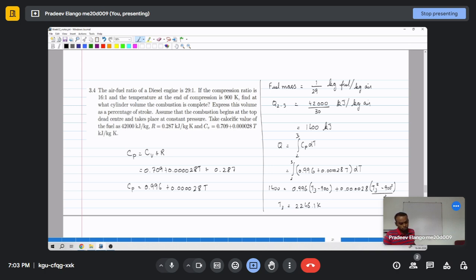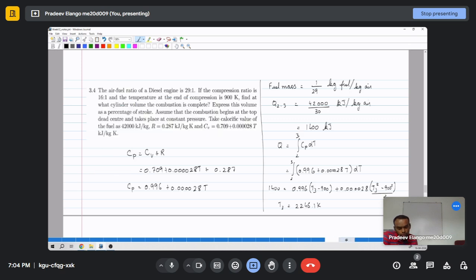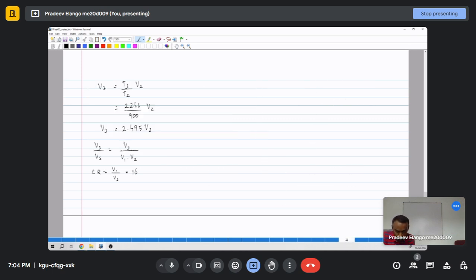So we need to find V3 by Vs, and you know Vs is V1 minus V2, and the compression ratio is V1 by V2, that is 16 for this machine. So V1 is equal to 16 V2.